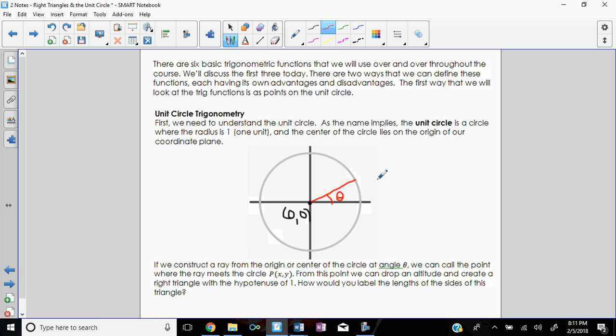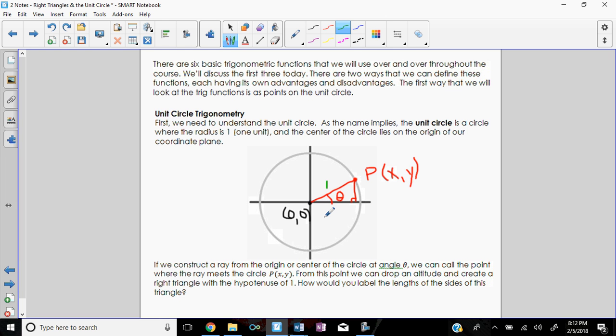Okay. The point where our ray hits the circle right here is going to be an ordered pair. So I'm going to call it x, y. But we're going to see that we can also look at it from a different perspective in a little bit. Okay. And then from this point, we can also drop an altitude. And this is going to form a right angle with our x-axis. And so because the unit circle has a radius of 1, I know that my hypotenuse must be 1.